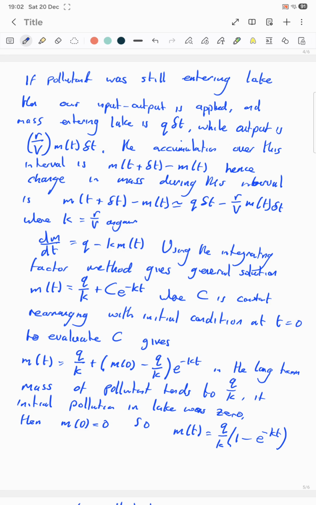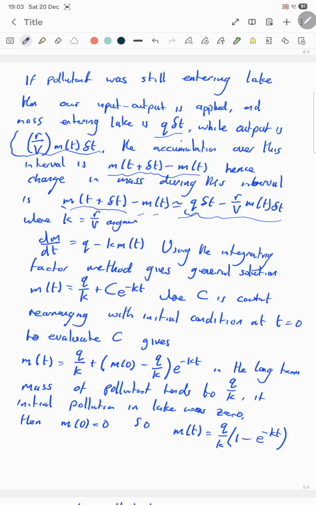Now if pollutant was still entering the lake, then our input-output principle is applied, and the mass entering the lake is Q delta T, while the output is again here. The accumulation over the interval is this. Hence, the change in mass during this interval, M of T plus delta T minus M of T, equals Q delta T minus R over V M of T delta T.